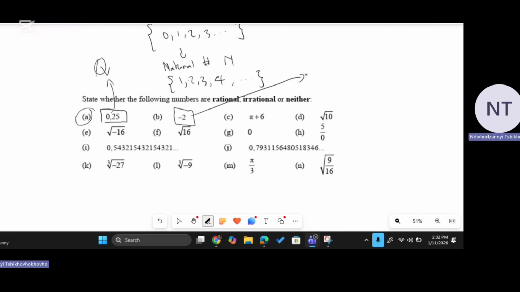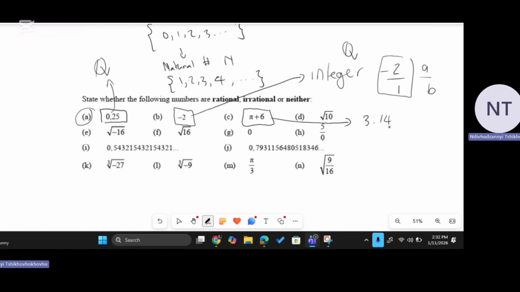So -2 falls under integers, and integers fall under rational numbers, because you can write them as a fraction, A over B. Then we know this is also a rational number, right? Then pi plus 6 is 3.14 and so on, plus 6. So this is a non-terminating, non-recurring decimal.